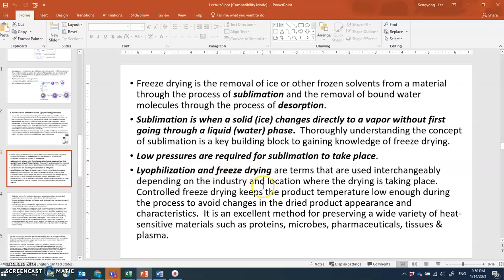So freeze drying is a better way of explaining the situation than lyophilization. Okay, so controlled freeze and then drying will keep the product temperature low enough during the process to avoid change in dried product appearance and characteristics. It's an excellent method for preserving a wide variety of heat-sensitive material. Okay, so that's why you freeze dry.